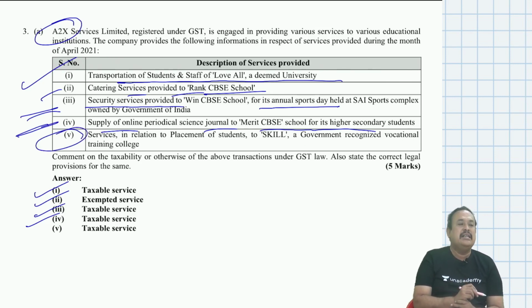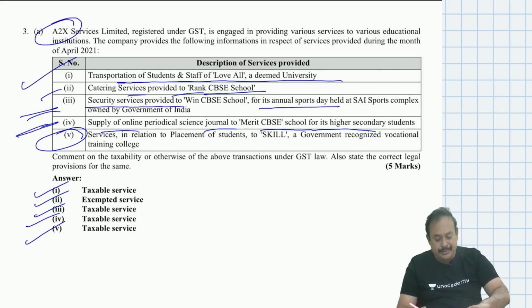Point number 5, services in relation to placement of students to Skills, a government recognized vocational training institution. Sir, placement services provided by a person to others will attract GST. It is not qualified for exemption, it is a taxable supply.